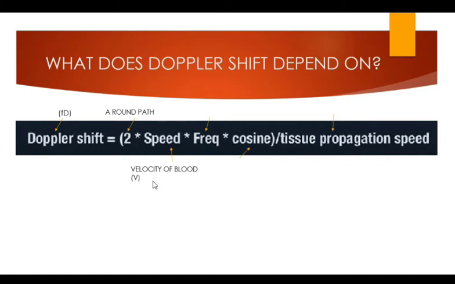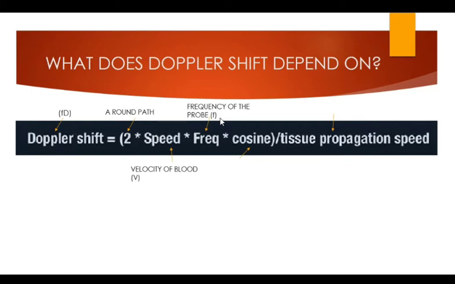So let's look at frequency. Frequency of what? Well, when we're talking about frequency, we're talking about the frequency of the probe. I think what's important to remember here with the machine is that a higher frequency gives you more of a Doppler shift. So if you want to reduce the Doppler shift, maybe because you've got aliasing, you're going to have to switch to a lower frequency probe.